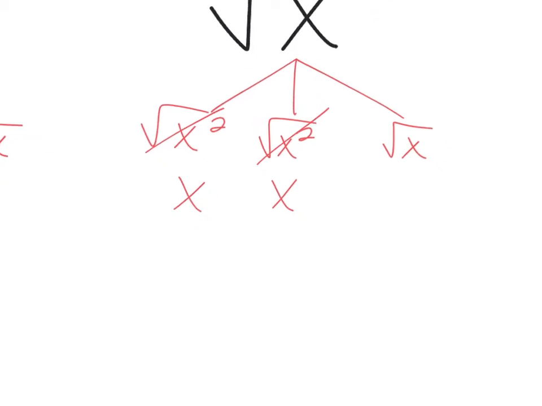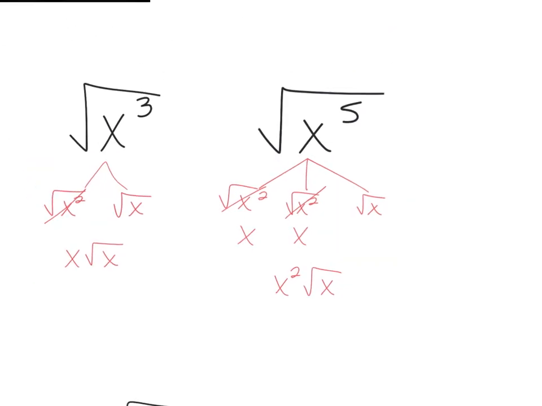So let's put it all together. I have x times x, which is x to the 2nd power, and then the square root of x. One thing to notice, you always write the square root second, and the number, whenever it is not square rooted, is out front. That's the math etiquette way to write it.